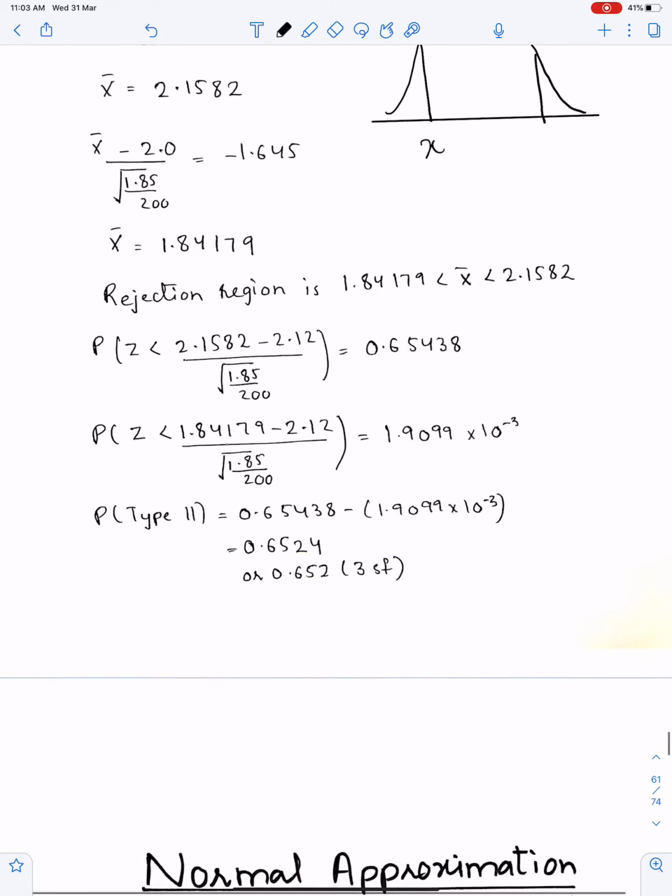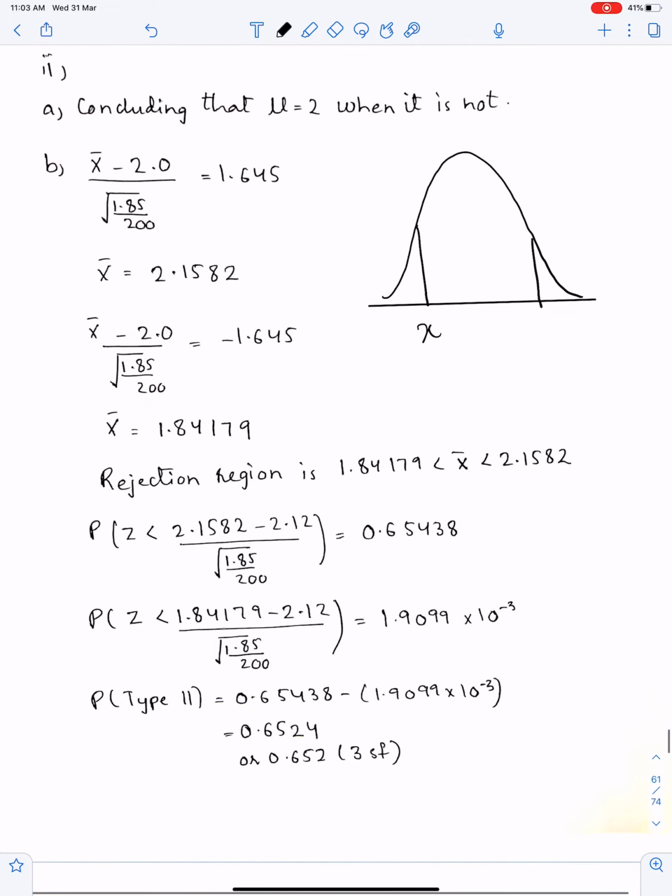This is x1 bar, and this is x2 bar. So this is x1 bar. The value is 2.1582, and this value is 1.84179.